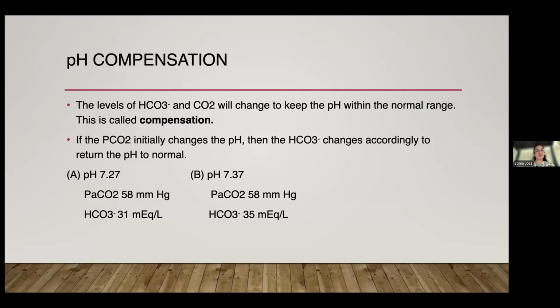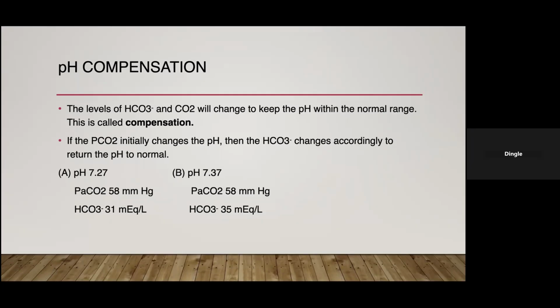So the main cause of this acidosis: we can see that PaCO2 is increased and HCO3 is increased. What causes the pH to go to the acidosis side? Always, PaCO2 is inversely proportional to pH and HCO3 is directly proportional to pH.